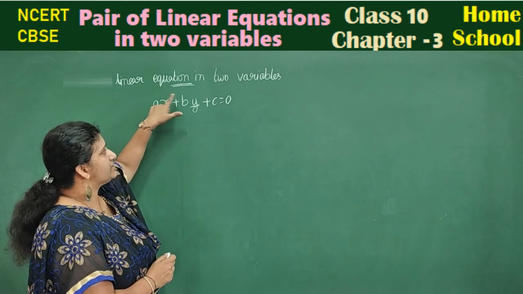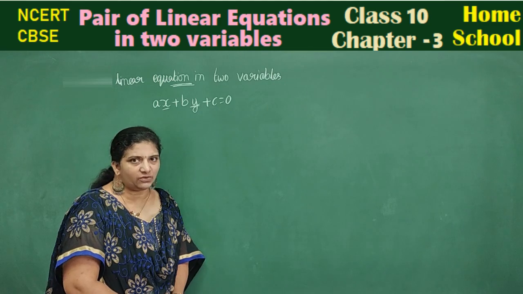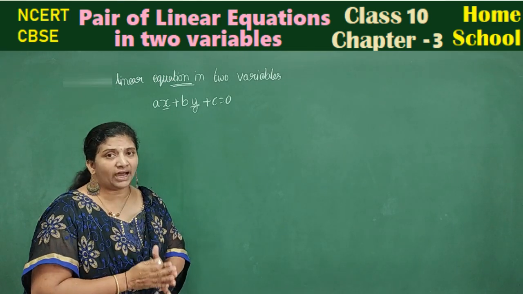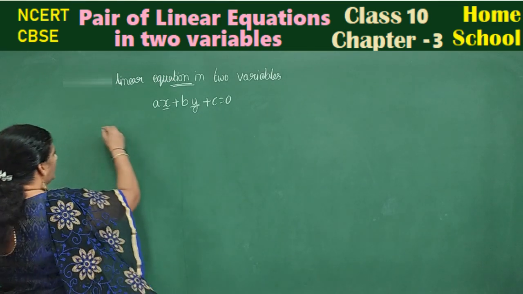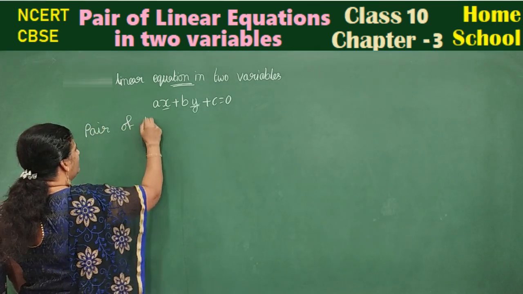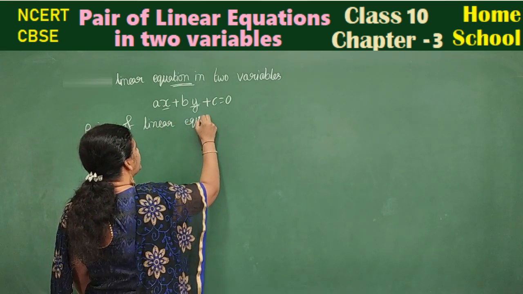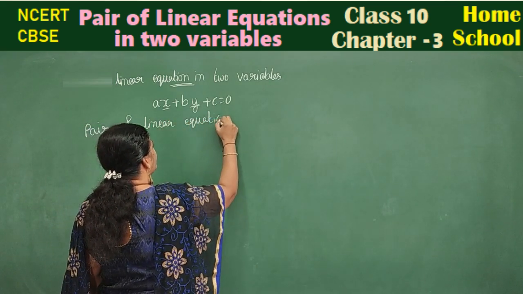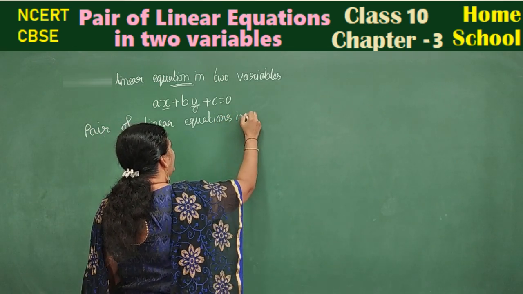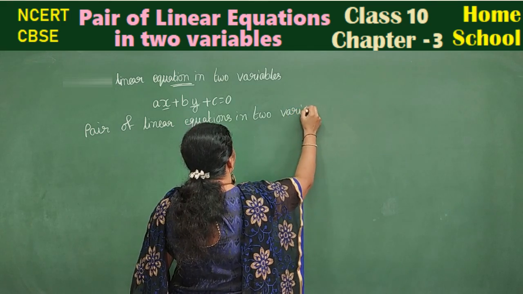Its degree is 1. In this chapter, we are not talking about only one equation. We are talking about two equations. So, pair of linear equations in two variables.